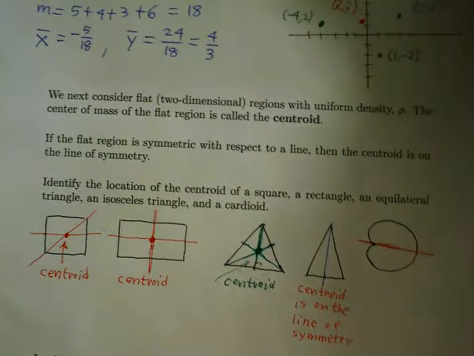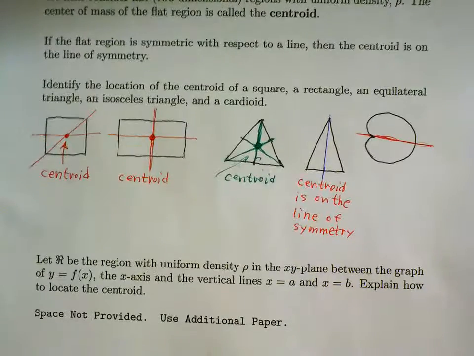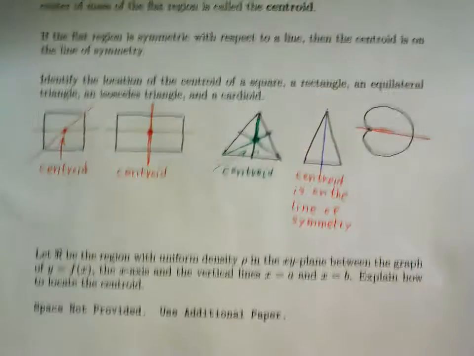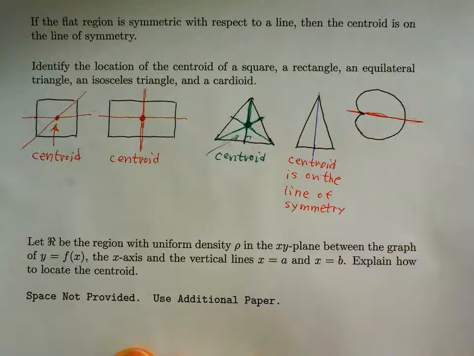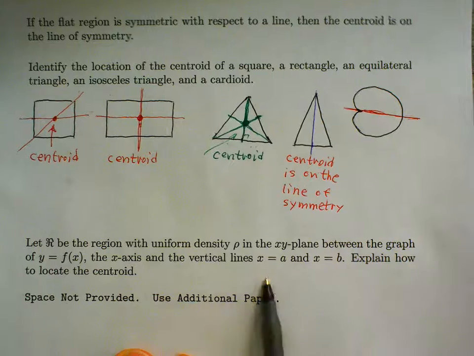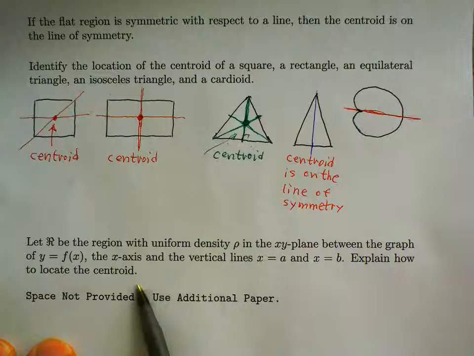Okay, well, some flat spaces or flat regions don't have lines of symmetry at all. So we're going to figure out how to find the centroid of such a region.